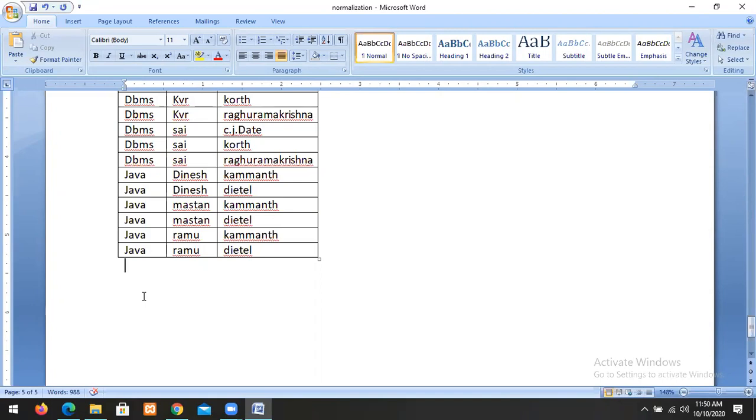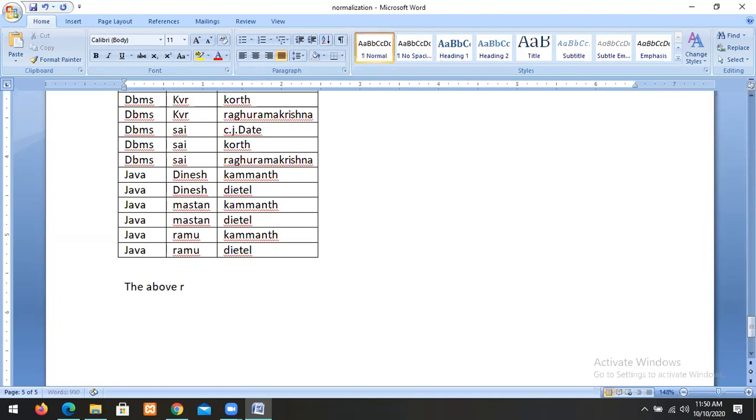For Java, who are the teachers for Java? Dinesh, Massan and Ramu. What are the textbooks? Kamath and Daitul. For each value of A, there is a set of values of B and a set of values of C. So this relation has the multi-value dependency because it has 3 attributes. That's what we call multi-value dependency.